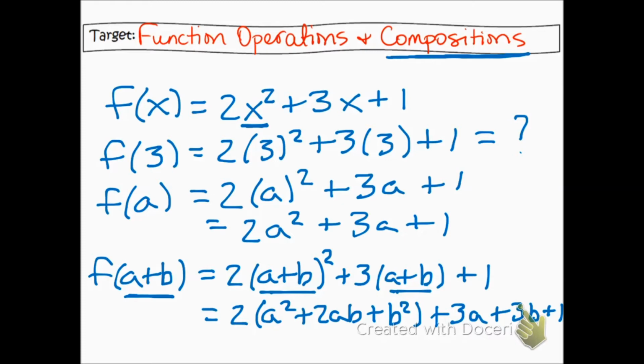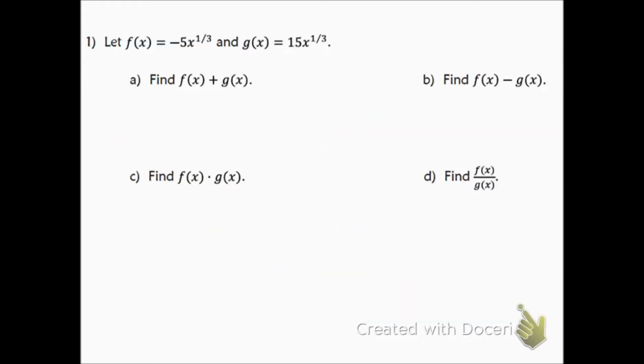You have a bunch of examples in your notes of some rational exponent functions and how you could do arithmetic with those, but I'll move on to example 1 and show you that. So if I have f of x defined as negative 5x to the 1/3 plus g of x, which is 15x to the 1/3, this one's pretty simple. They both have x to the 1/3, so they're like terms. So I can just add their coefficients.